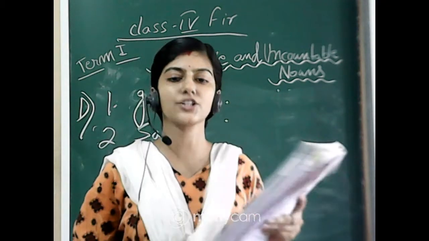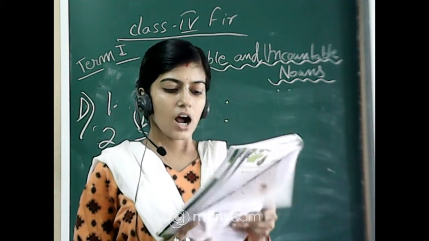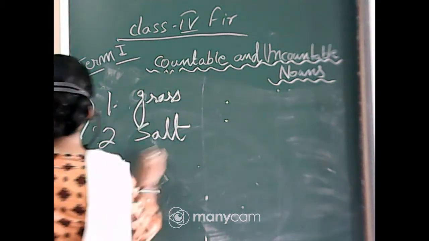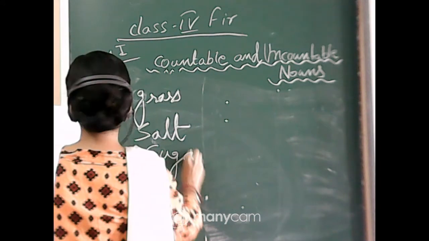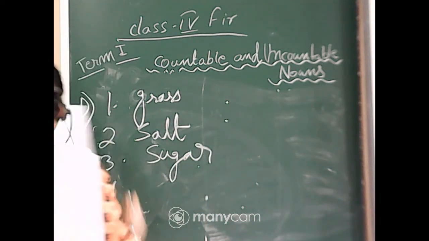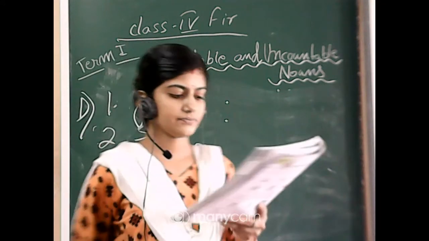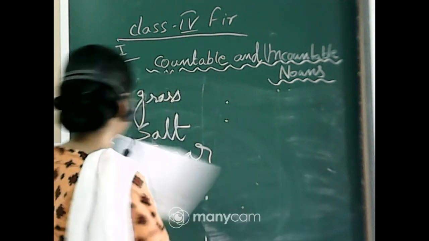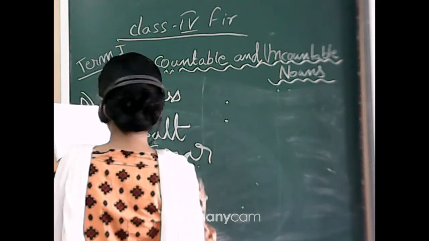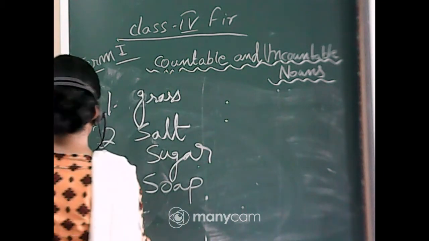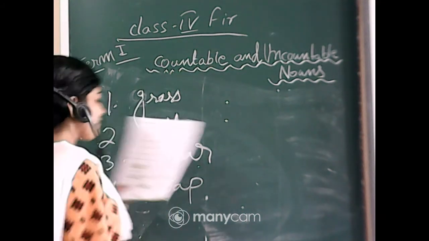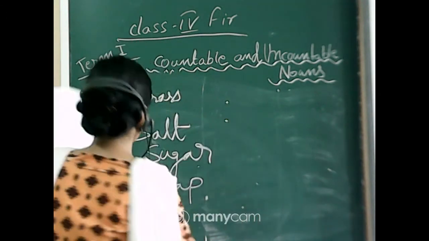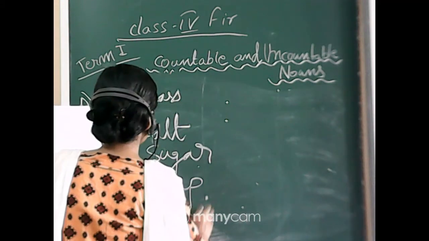Number 3, a spoon of sugar. Number 4, a cake of soap. Number 5, a drop of water.